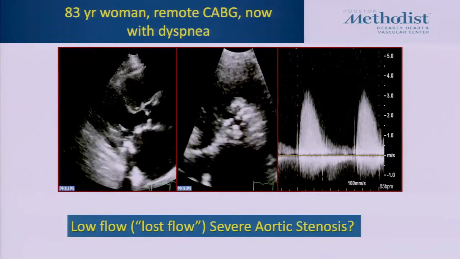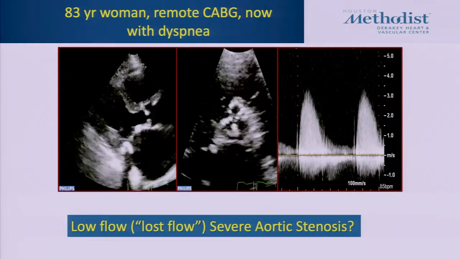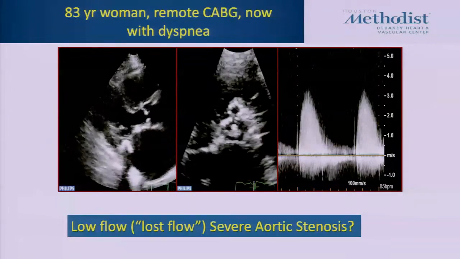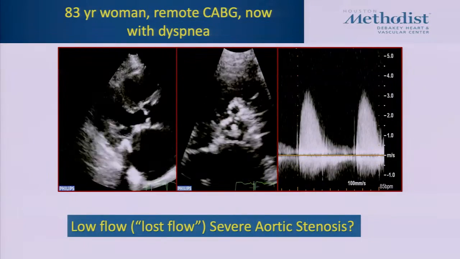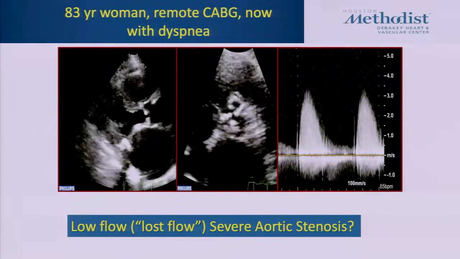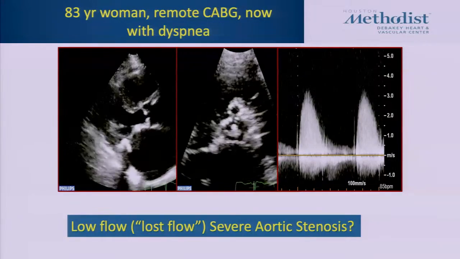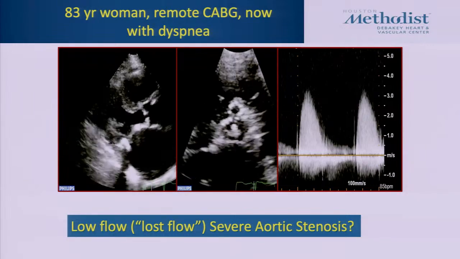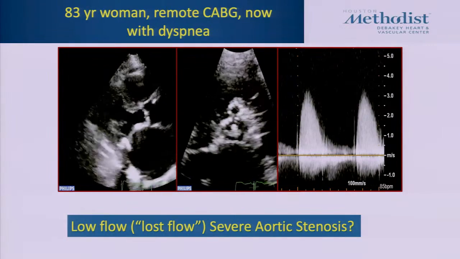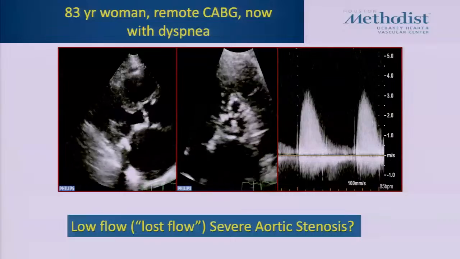Can we give her dobutamine? Yeah, so simple teaching: if the EF's normal, there's no role for dobutamine, right? Remember, dobutamine is a low ventricular function test. If EF's 60 and you make it 80, you've established nothing. So you don't give dobutamine for a normal EF.